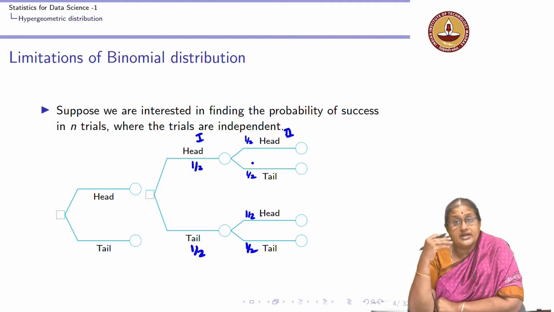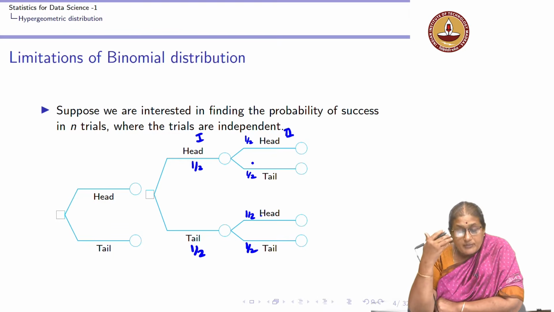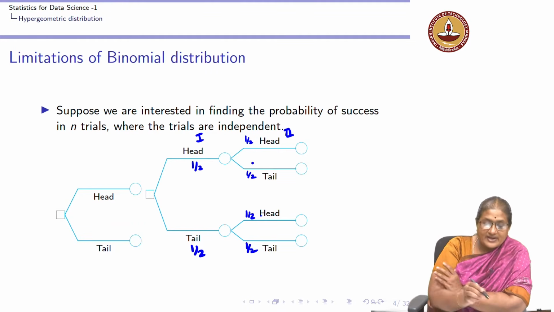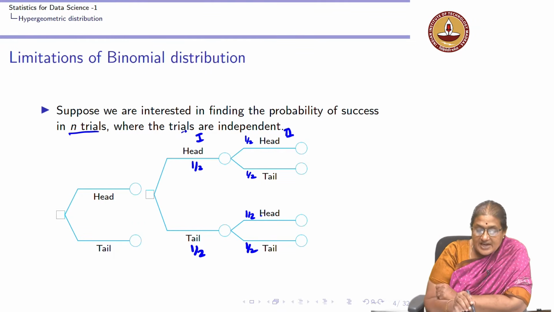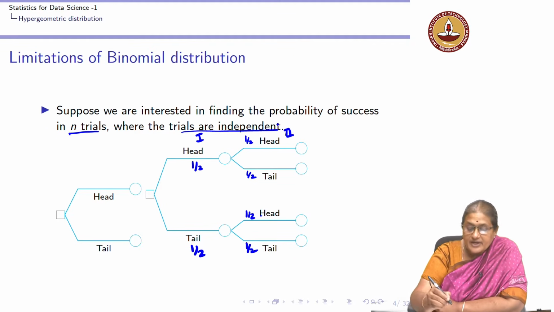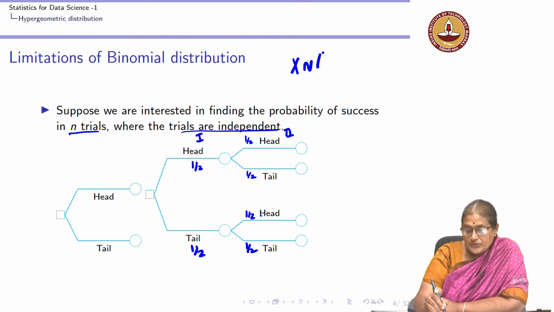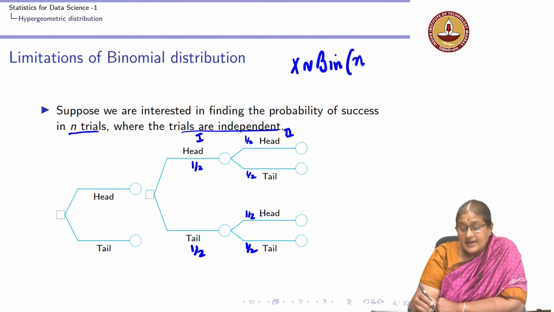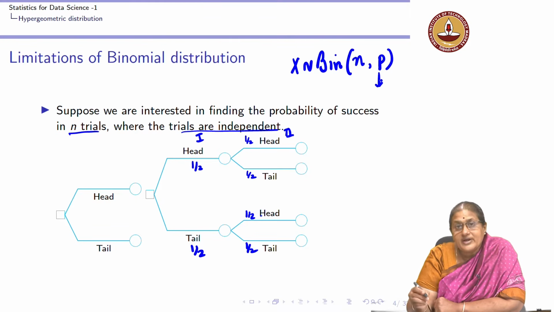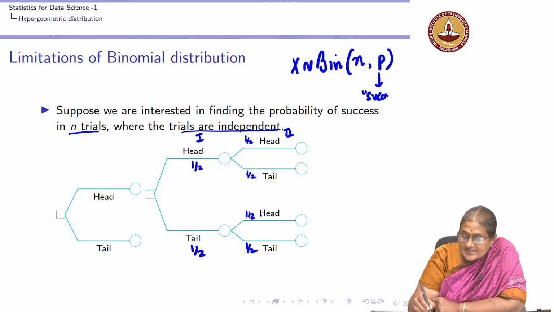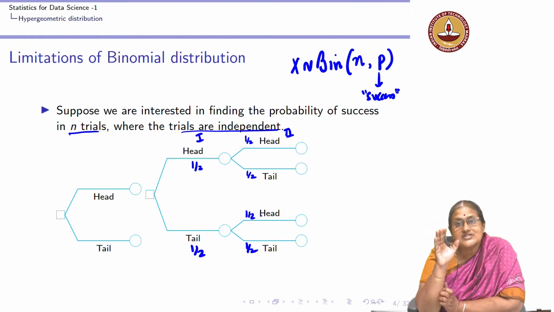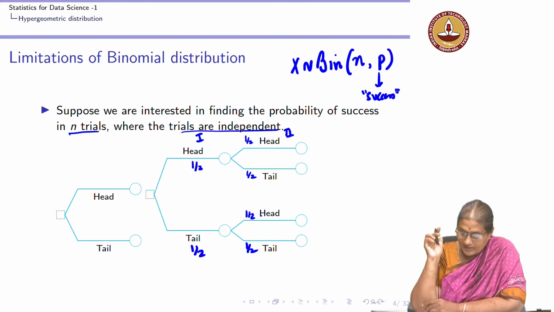So from a Bernoulli trial, we developed the idea of a binomial distribution, where if I have n trials and these trials are independent, we define a random variable X which is a binomial with parameters n, the number of trials, and p, the probability of what we called a success, and this probability of success was the same for every trial.